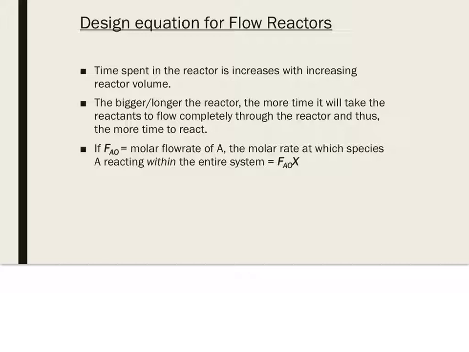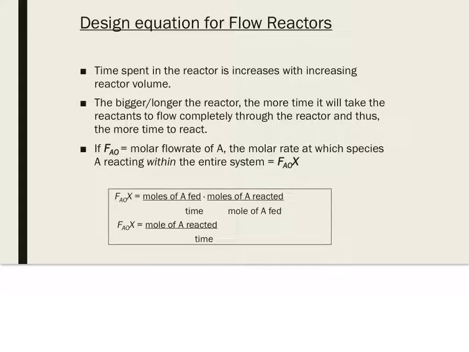So if we have FA naught equal to the molar flow rate of A, therefore the molar rate at which species A reacts within the entire volume or within the entire system is written as FA naught X. FA naught X is the number of moles of A fed over time times the moles of A reacted per mole of A fed.